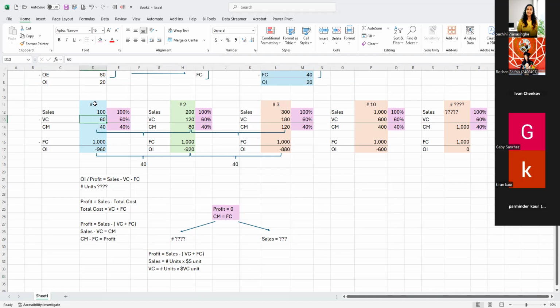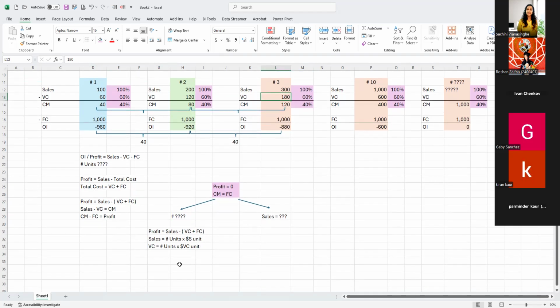If I'm selling 1 unit, my variable cost is $60. If I'm selling 2 units, my variable cost is 120. Why? Because I'm selling 2 units and the variable cost per unit is $60. If I'm selling 3 units, my variable cost is 180. Why? Because variable cost per unit is 60 and I'm selling 3 units, 180. And that's going to grow in the same line, in the same direction.